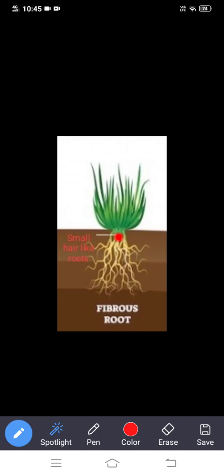Then you have to compare this middle root with the remaining roots of the plant. In the textbook, on page number 85, some questions are given, children. First question is in figure 2a, that is the diagram of taproot system. How does the middle root look like? Can you say?